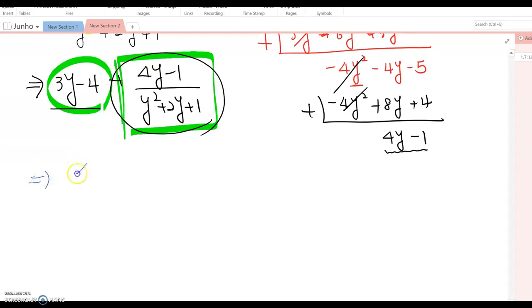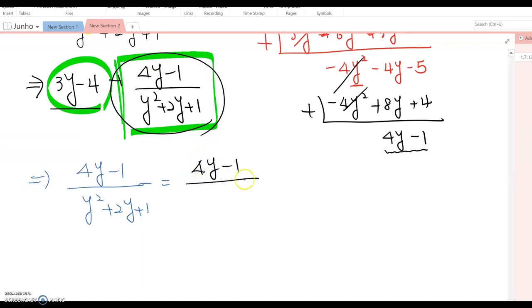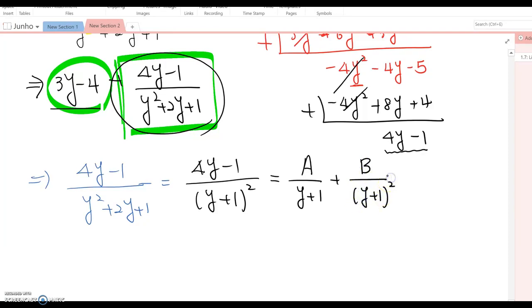This becomes 4y minus 1 over y squared plus 2y plus 1. Factoring the denominator, this becomes 4y minus 1 over y plus 1 squared. Therefore, this fraction can be written as a over y plus 1 plus b over y plus 1 squared.